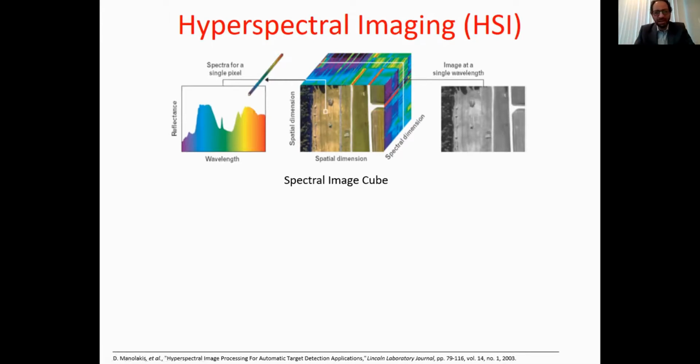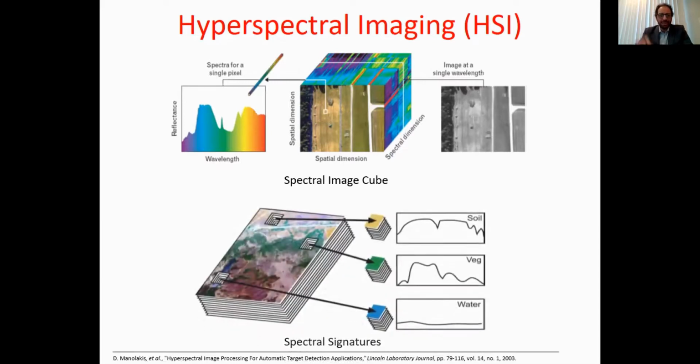Of course, I'm saying color here very loosely, because it could very well be in a part of the spectrum that is not visible. So typically, hyperspectral is common in either the visible region or in the near infrared region, sometimes even long infrared or mid infrared.